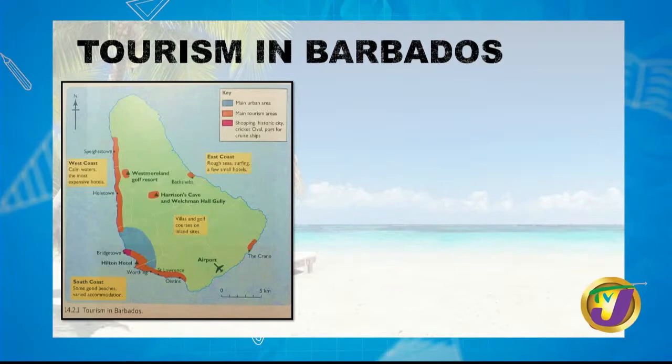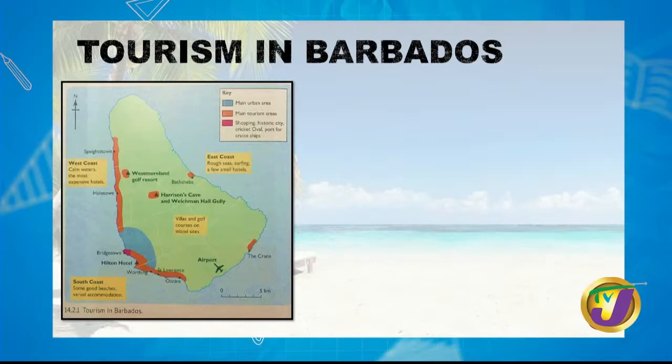The areas that are highlighted blue are showing the main urban area of Barbados, and that would be Bridgetown. Those areas that are highlighted orange would be the main tourist areas. We refer to them as the resort towns or the resort areas.